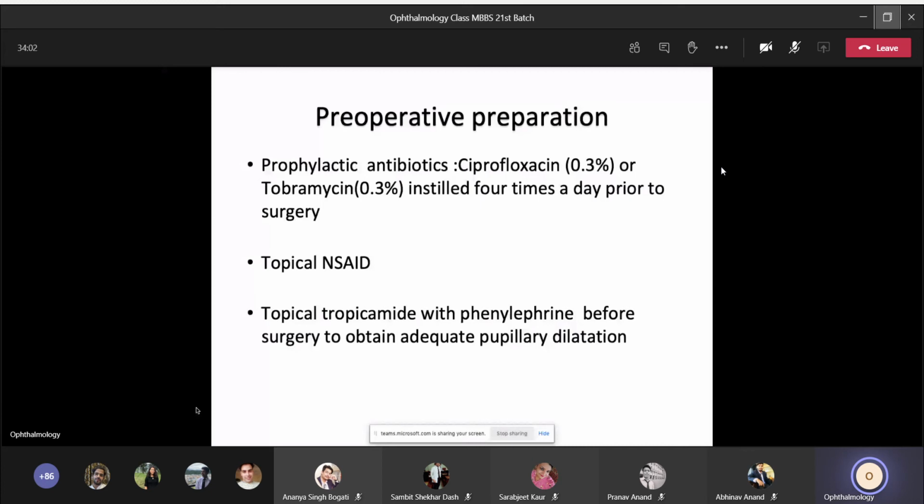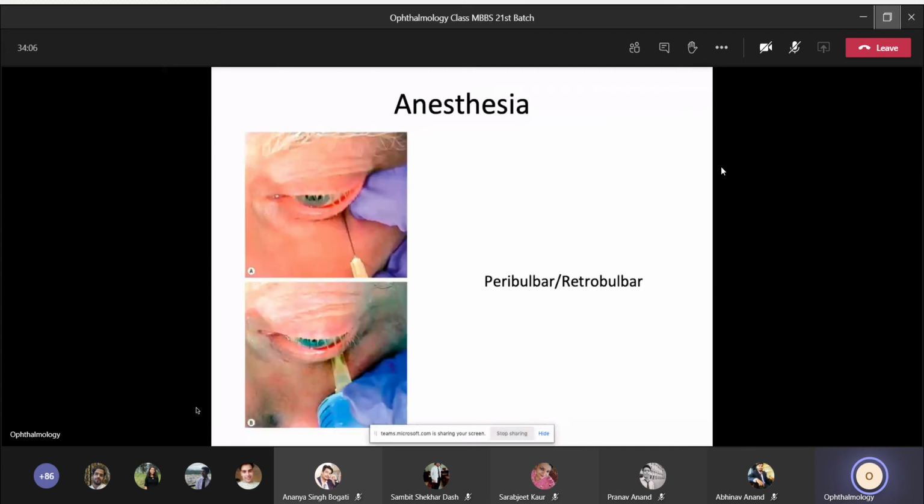Now we have to give anesthesia. For anesthesia, it's a regional block. Either we go for peribulbar anesthesia or retrobulbar anesthesia. The agent we use is 2% lignocaine along with bupivacaine, so we use a short-acting as well as a long-acting anesthetic agent.